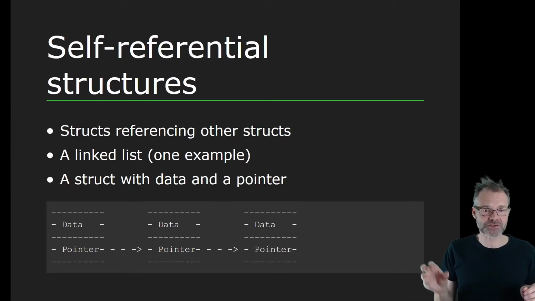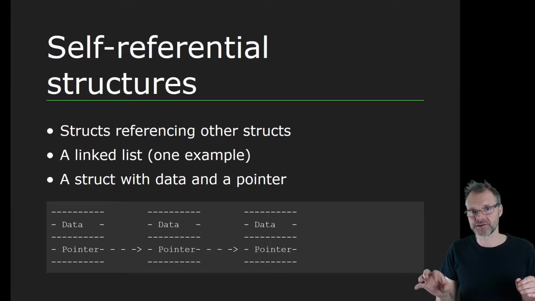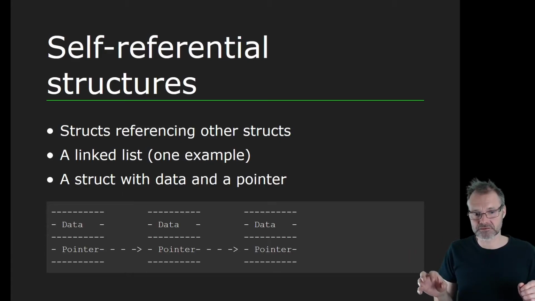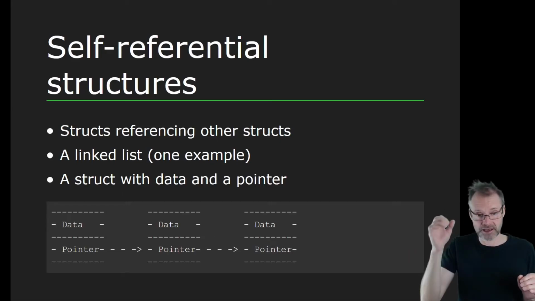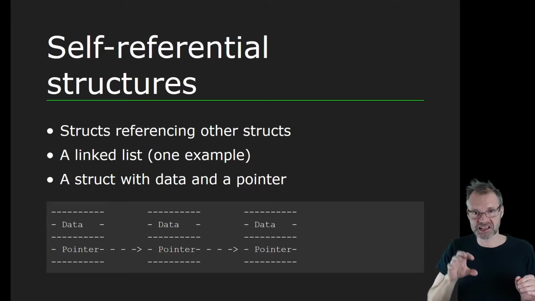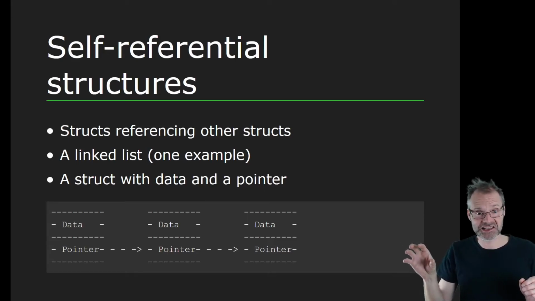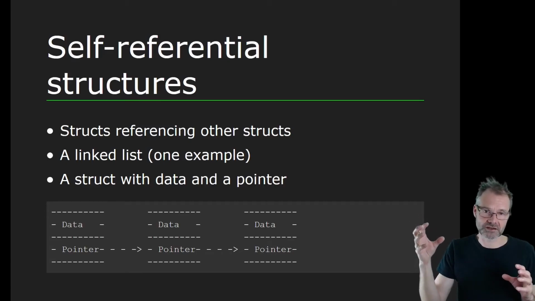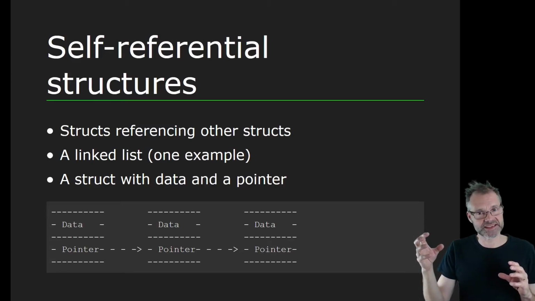So about self-referential structures, this is basically about structs referencing other structs. I'm going to show you an example here by doing a linked list. This small singly linked list is basically put together like this. It is a struct that contains data and a pointer.